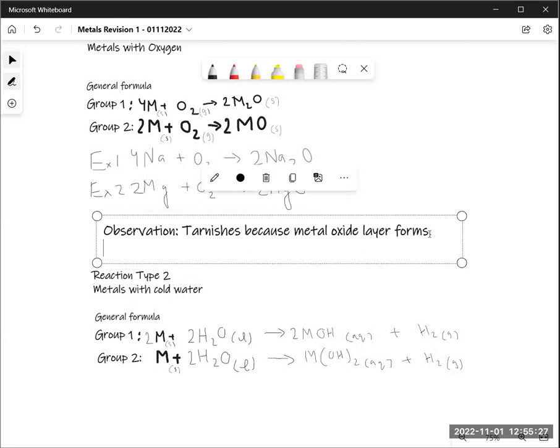Another note would be metals are stored in oil to prevent contact with air.